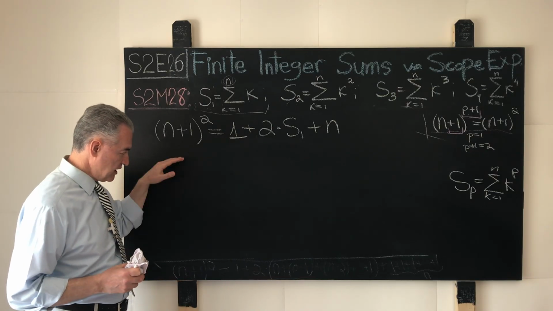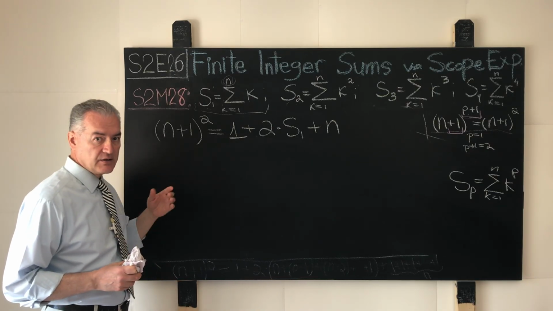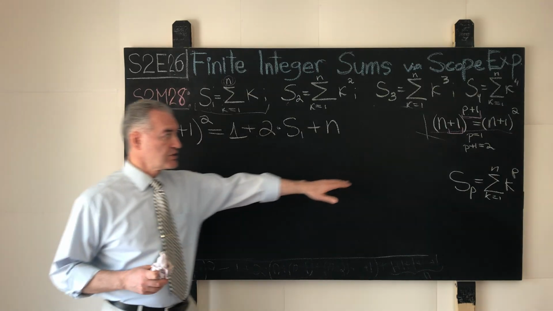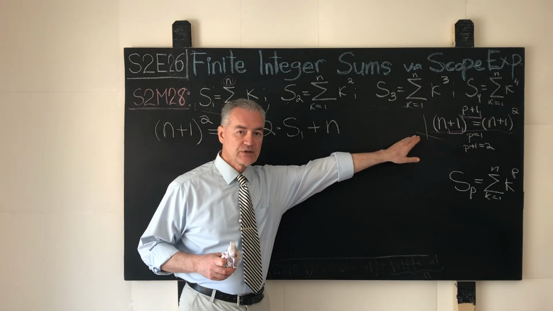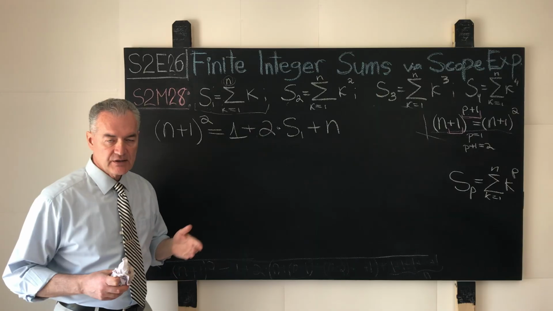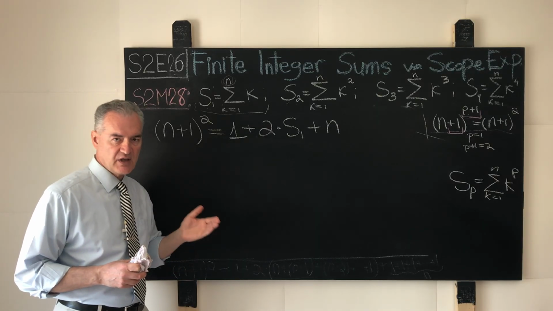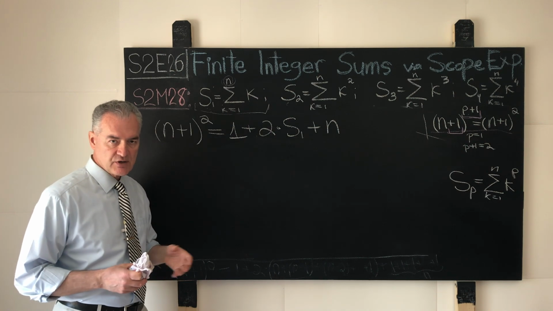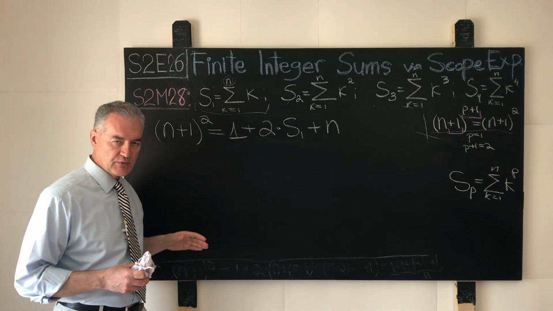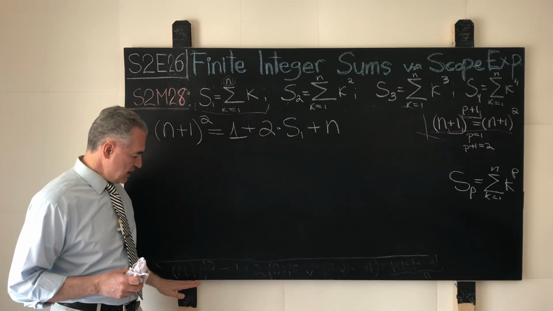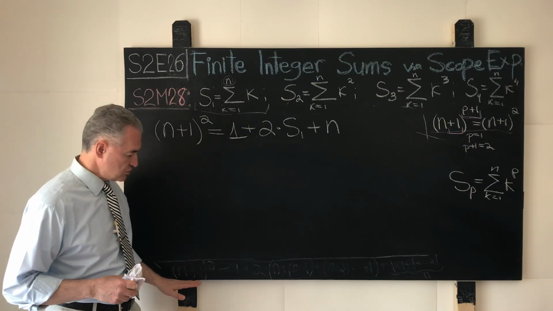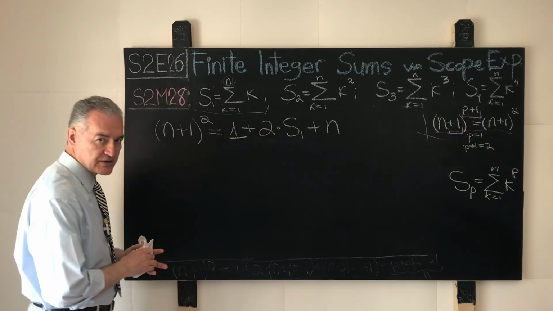In other words, as the result of expanding the expression n plus 1 squared binomially, iterating that relation n minus 1 times by replacing n with n minus 1, summing the resultant n equations, and performing all the cancellations, we arrived at the final equation shown at the bottom, and that equation has the following form.